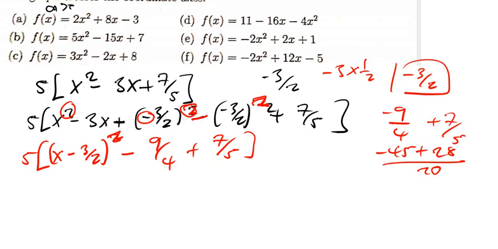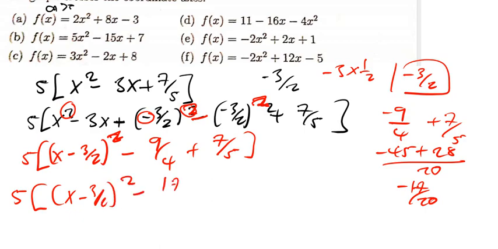So then negative 45 plus 28, that should be negative 17 over 20. So what I have now is 5 open bracket x minus 3 over 2 squared minus 17 over 20, like that.